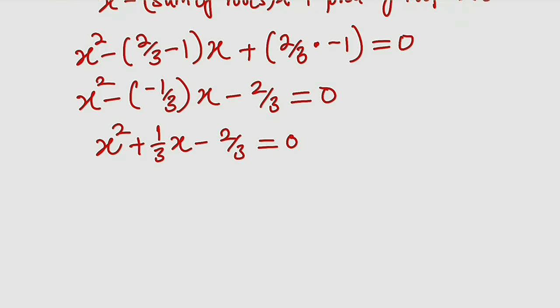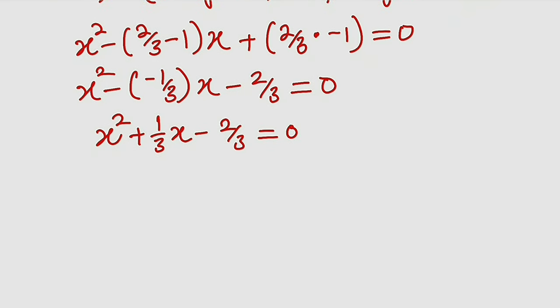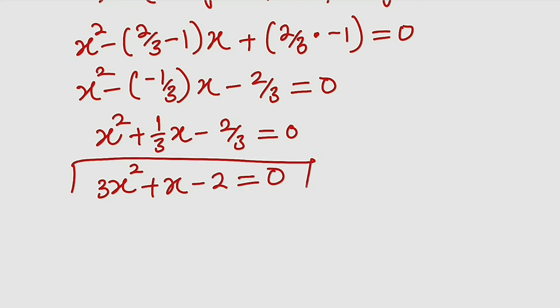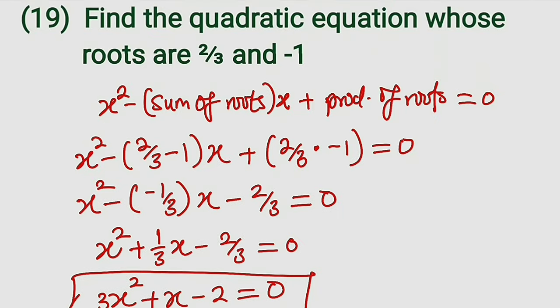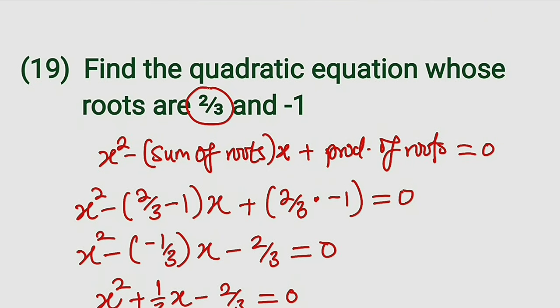We don't need these fractions. Therefore, we can multiply every single term by 3. This times 3 will give us 3x squared. Then 3 times 1 over 3 will give us 1. 1 times x is x. Minus 2 over 3 times 3 will give us 2. And this is equal to 0. And hence, this is the quadratic equation that has these two roots, 2 over 3 and negative 1.